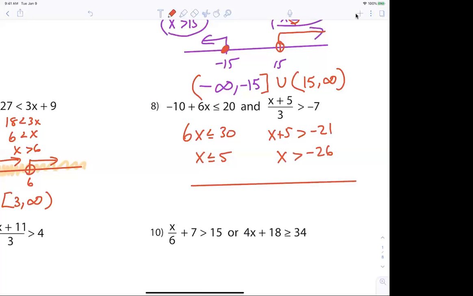So what numbers are less than or equal to 5 and greater than negative 26? So it's everything in between. So we would say parentheses, negative 26, 5, bracket. All right, hopefully you feel good about that explanation.